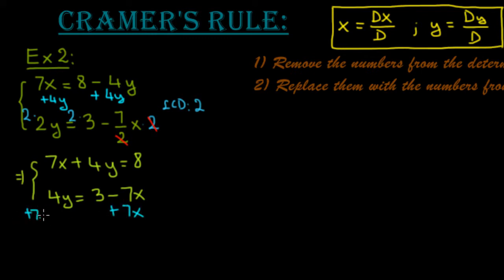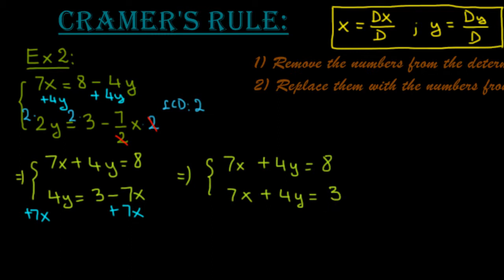So we will have 7x plus 4y equals 8 and 7x plus 4y equals 3. Now both equations are in general form, so I can go ahead and set up my determinant.